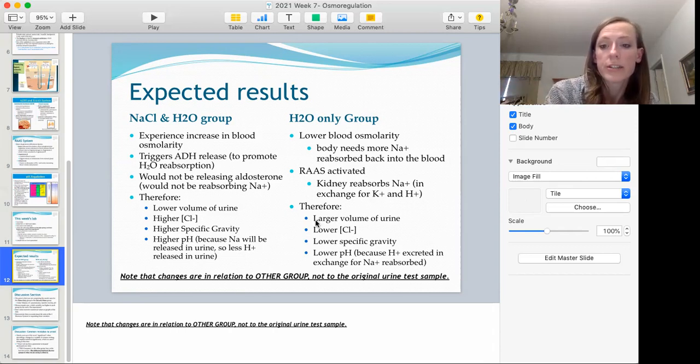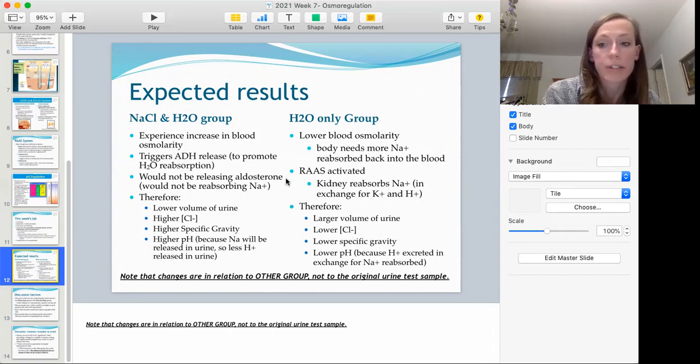And so what we should see is that this group will produce a larger volume of urine, a lower chloride concentration, a lower specific gravity, and a lower pH. Okay, we're obviously seeing more volume of urine because they're not retaining that water. Okay, they're trying to retain the sodium.